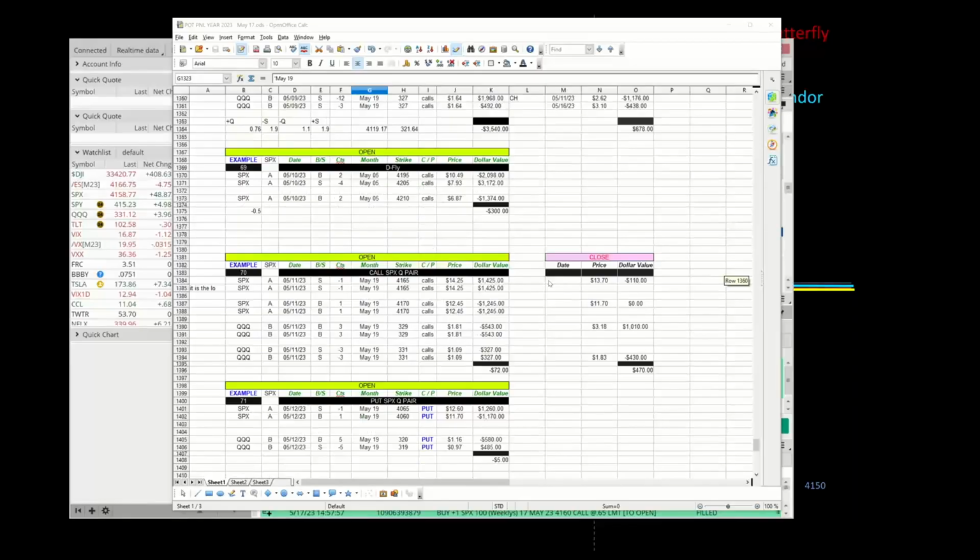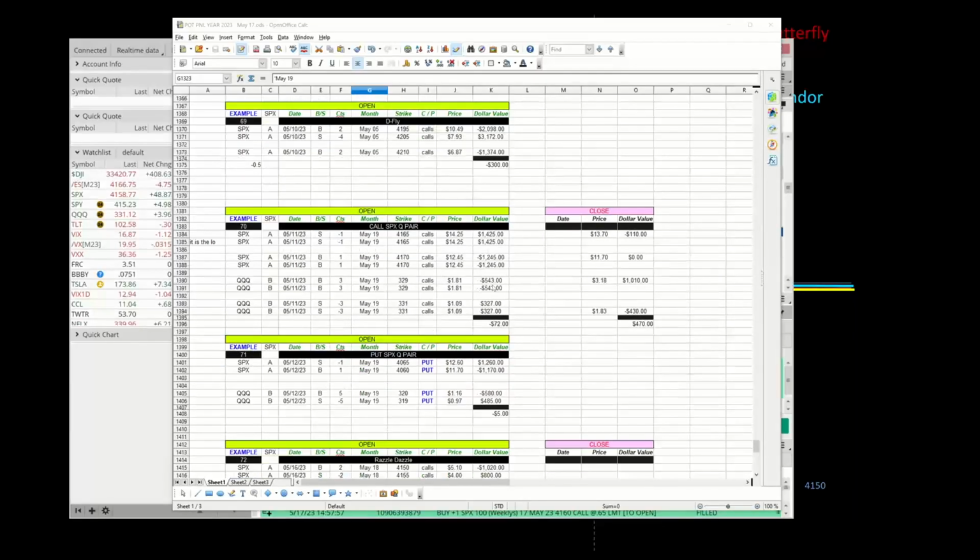The new one, the second one with calls, is this one. Where we took off half of it today. We sold 3 contracts. We had on 2 contracts of SPX and 6 contracts of QQQ.